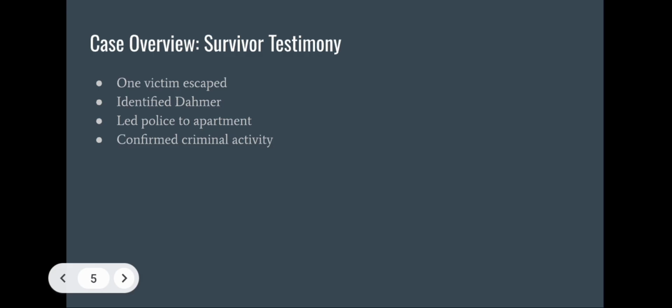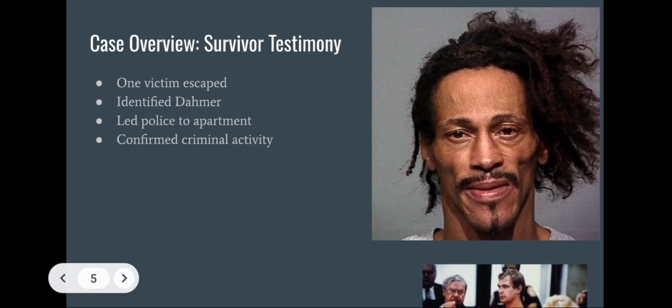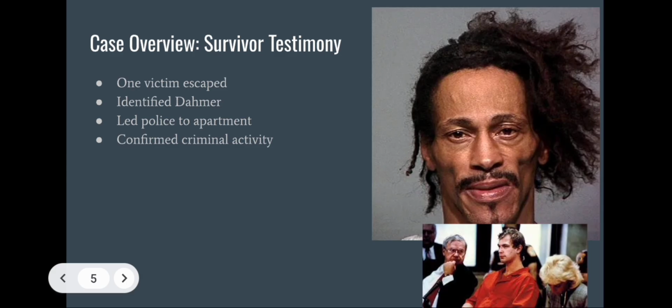A key moment in the case was when one intended victim escaped and directly led police back to Dahmer's apartment. On July 22nd, 1991, Edwards escaped from Dahmer's apartment after being held at knifepoint with one handcuff attached to his wrist.